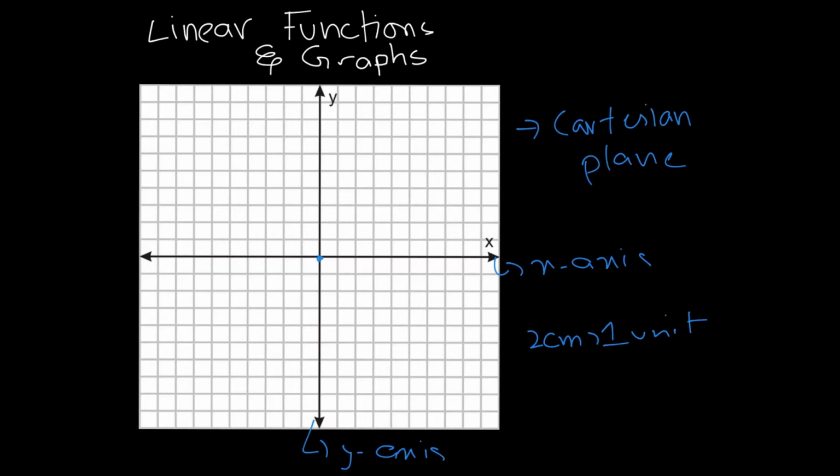For now you must remember that the origin is the point where these two axes intersect, so this for now must be 0. When I say 2 centimeters represent 1 unit, each line represents 1 unit. So this is 1 unit, this is the second, this is the third, this is the fourth, this is the fifth, and so on.